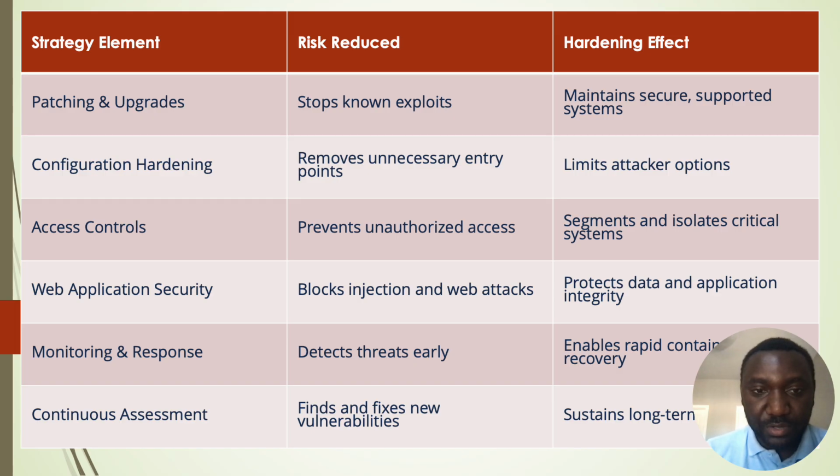You have to configure the hardening; as a risk reduction, it will help us reduce unnecessary entry points, and it will help limit the attacker's options. And then you have the access control, the web application, the monitoring response, and the continuous assessment.